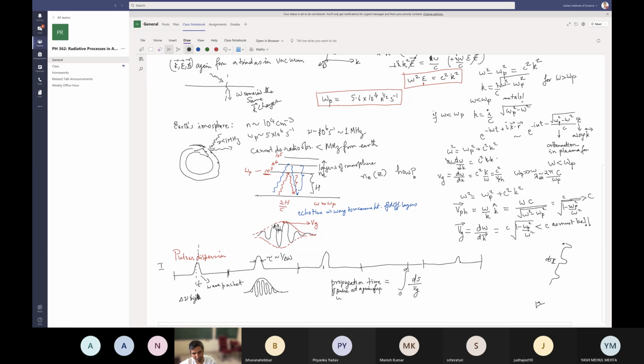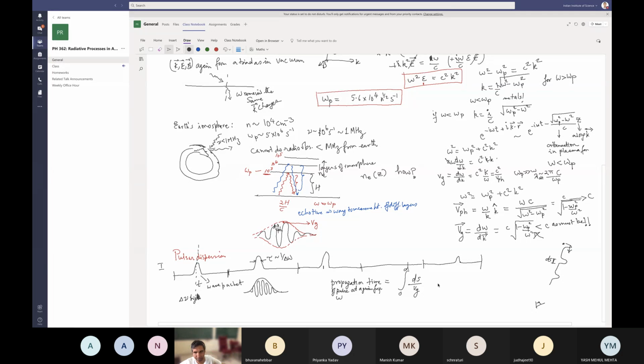We have actually calculated this group velocity here. This pulse moves at the group velocity, which is the velocity with which energy moves.